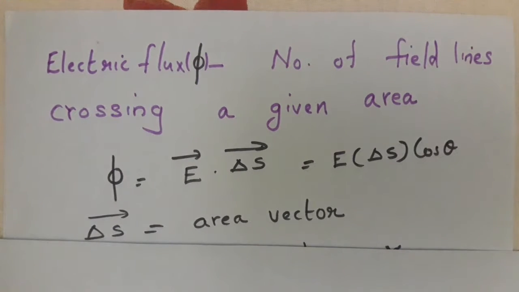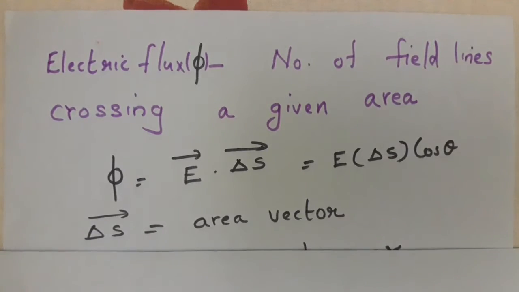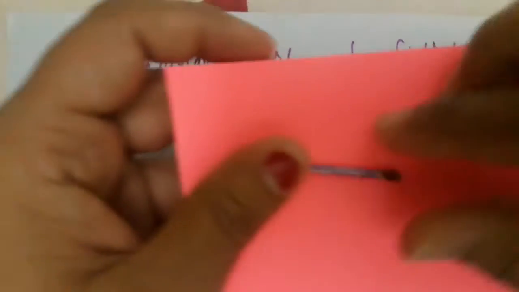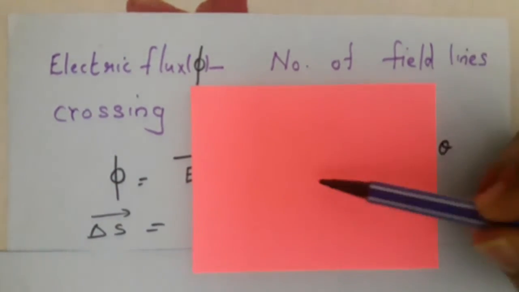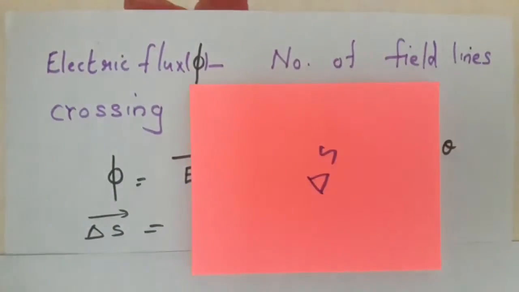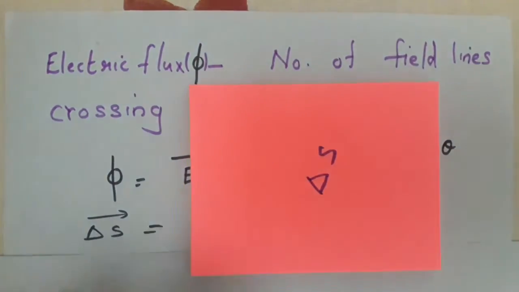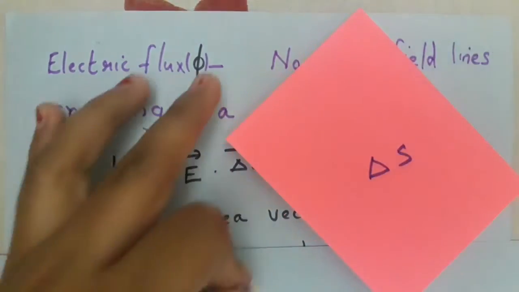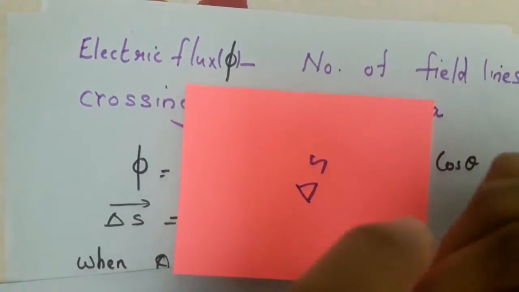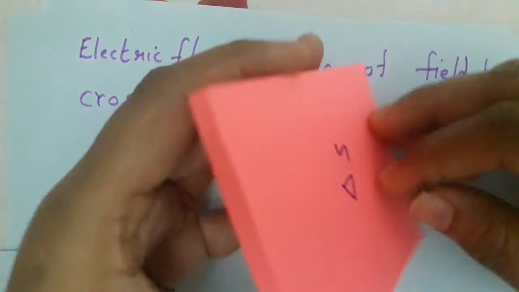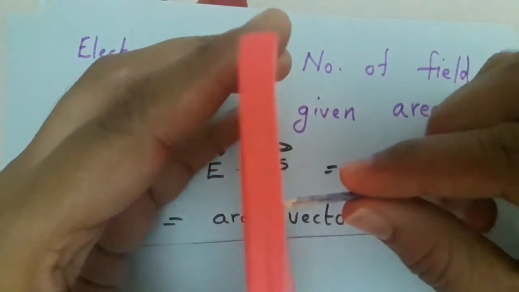Before proceeding further, we should know what an area vector is. Area vector is actually area into a unit vector that represents the direction of the area vector. If this is a surface whose area is, let's say, delta S, where S is the full area and delta S is the small pink colored area, then the area vector has a direction which is perpendicular outwards.